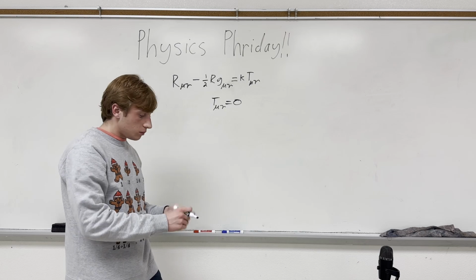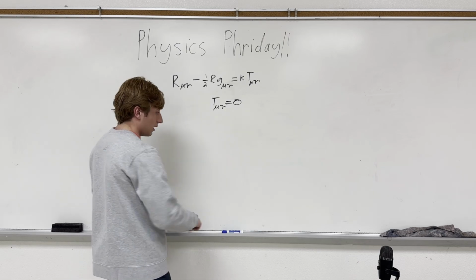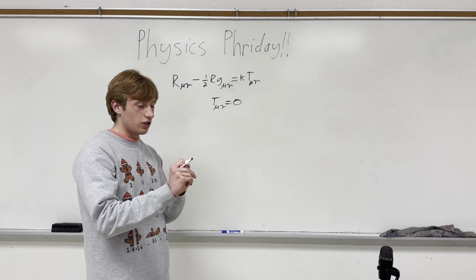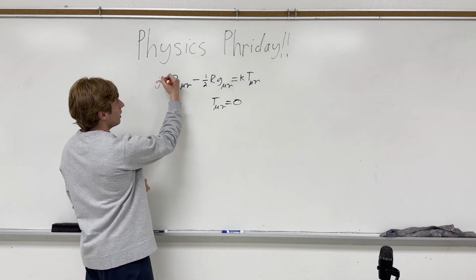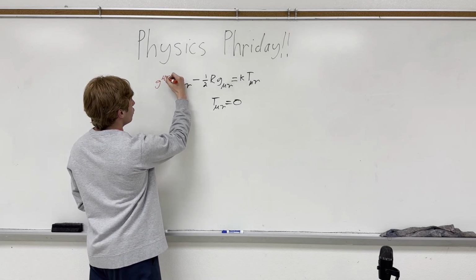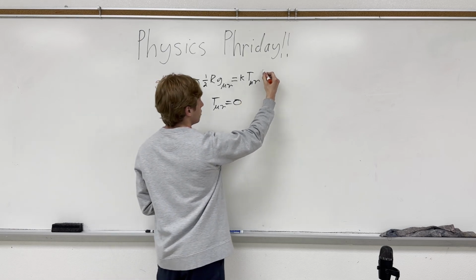What we're going to do is multiply both sides of the equation by g mu nu.